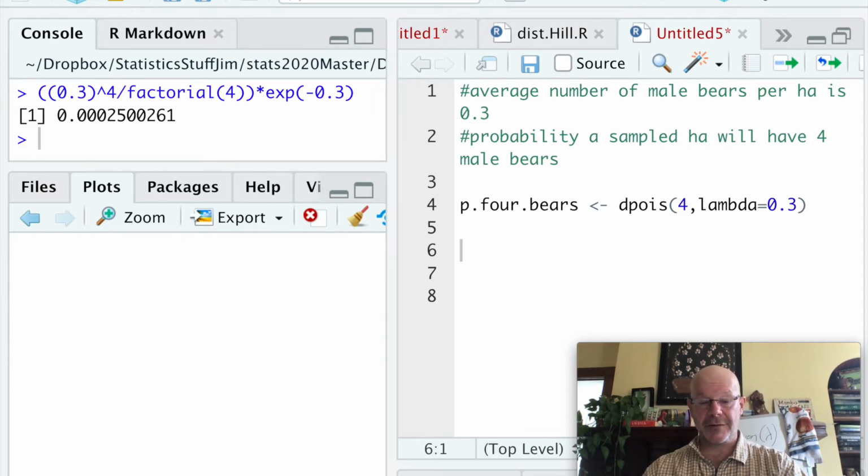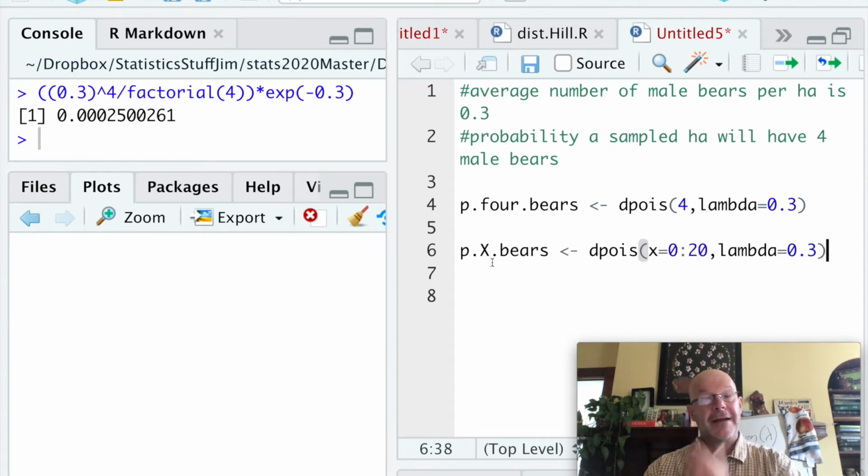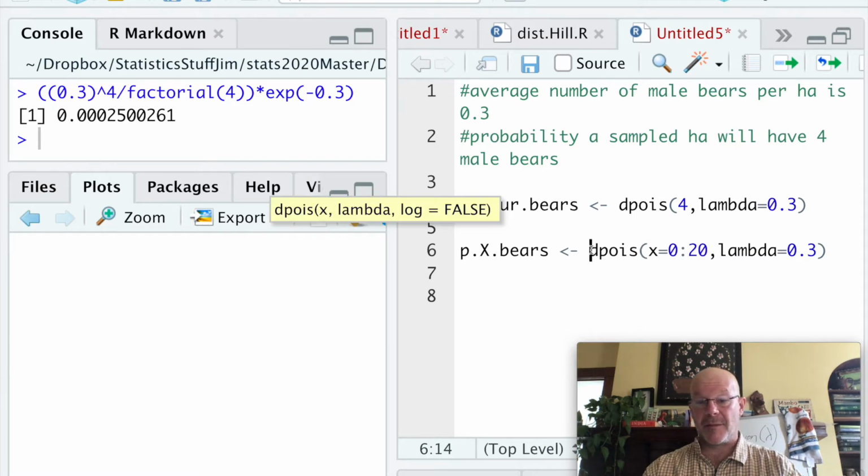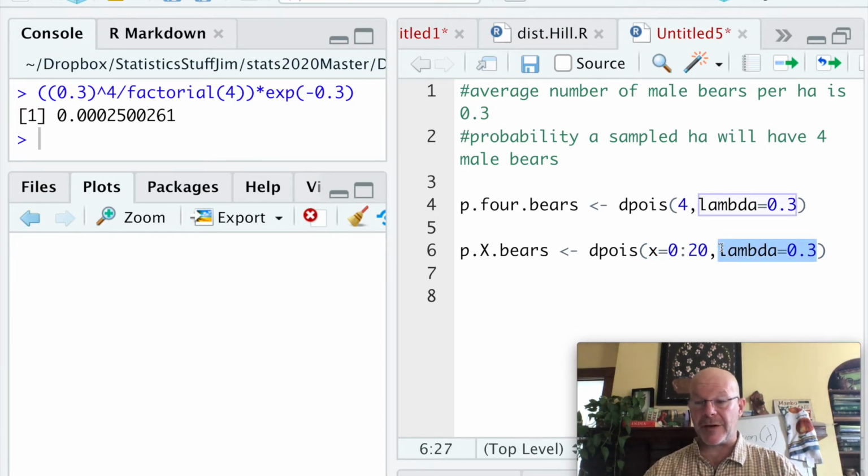And what I'm going to do is I'm going to create an object called p.x.bears, and basically all I'm doing is I'm looking at the probability mass of there being somewhere between 0 and 20 bears per hectare, where the rate at which you expect to see bears is 0.3 bears per hectare.